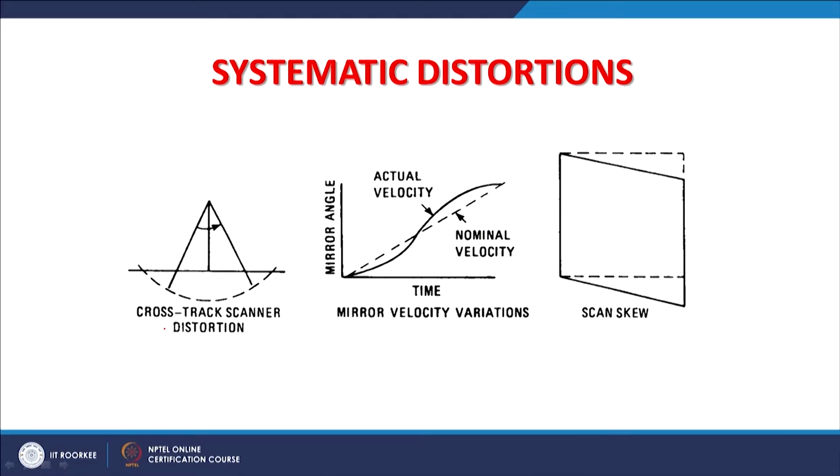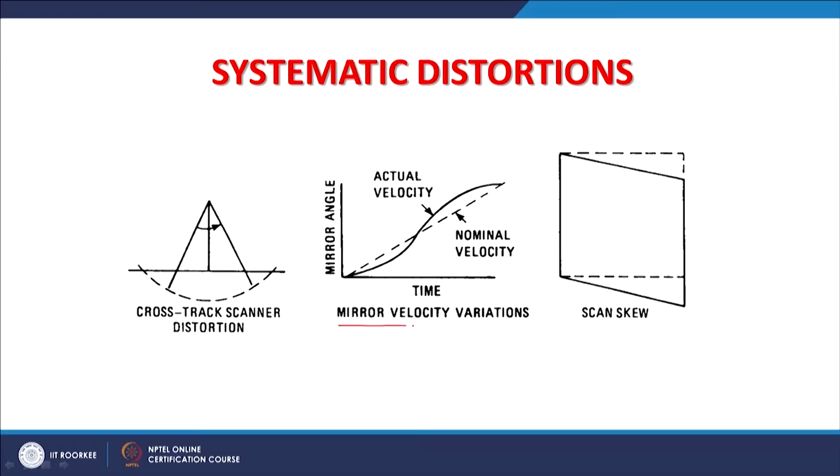We will be seeing some of these errors through schematics, like the cross-track scanner distortion. When we used to have these moving scanners in Landsat and in the early stages of Landsat and IRS, we had issues with the distortions created by this cross-track scanner.